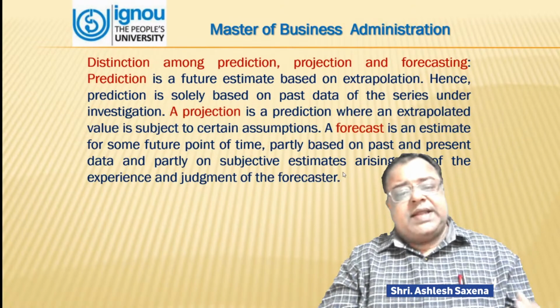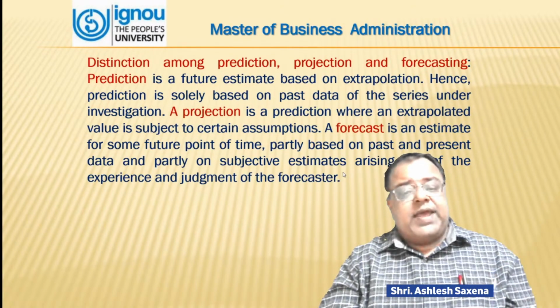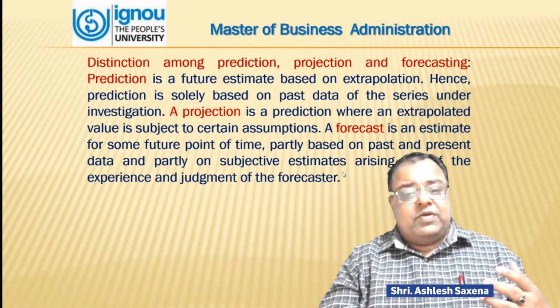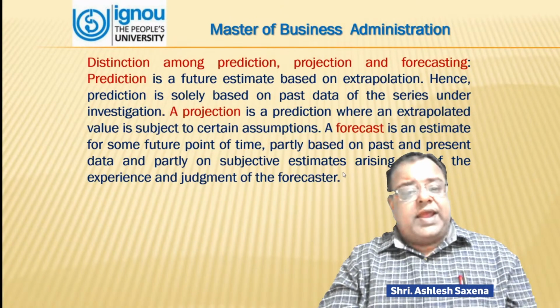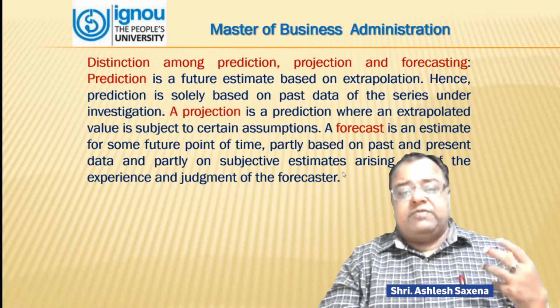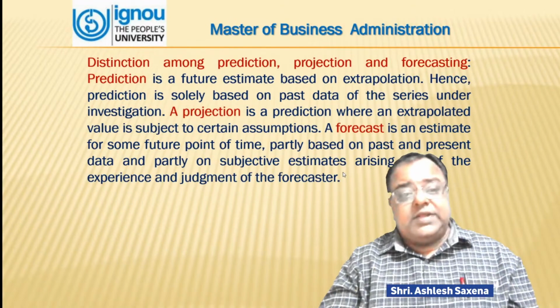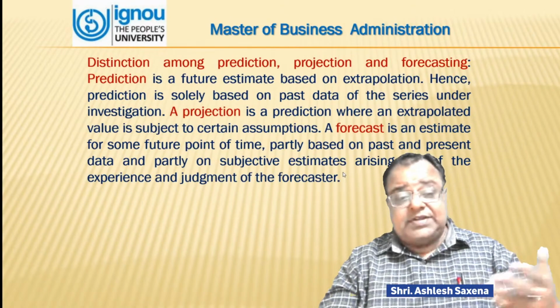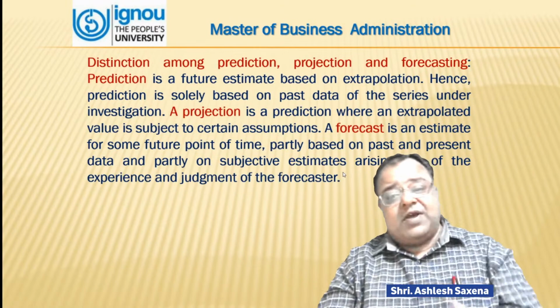And a forecast is an estimate of some future point of time, partly based on past and present data, and partly on subjective estimates arising out of the experience and judgment of the forecaster. So these are the basic differences between prediction, projection, and forecast.